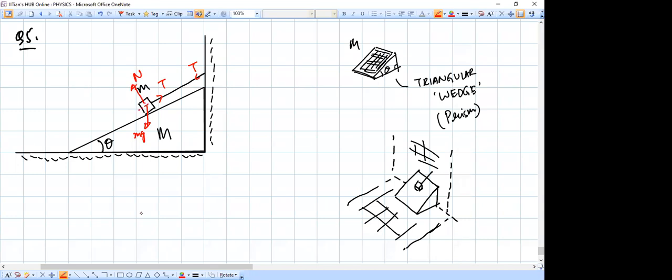Then when you consider the triangular wedge, it will experience an equal and opposite normal reaction like this. It will experience its own weight, capital Mg. It will experience some kind of normal reaction from the wall, and some kind of normal reaction upwards from the floor.